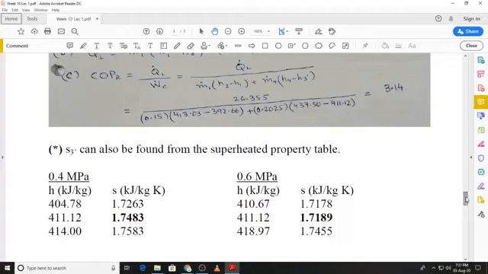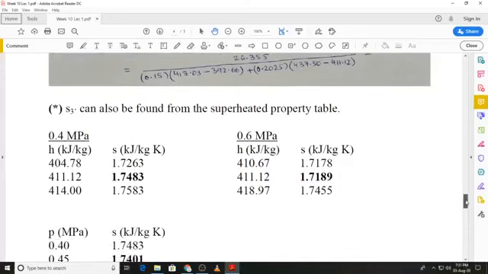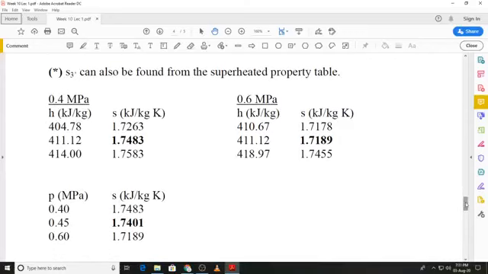That is, for an enthalpy of 411.12 kilojoule per kilogram, what is the entropy at 0.45 megapascal? And that comes out to be 1.7401 kilojoule per kilogram Kelvin, and in this particular case it is more or less the same.